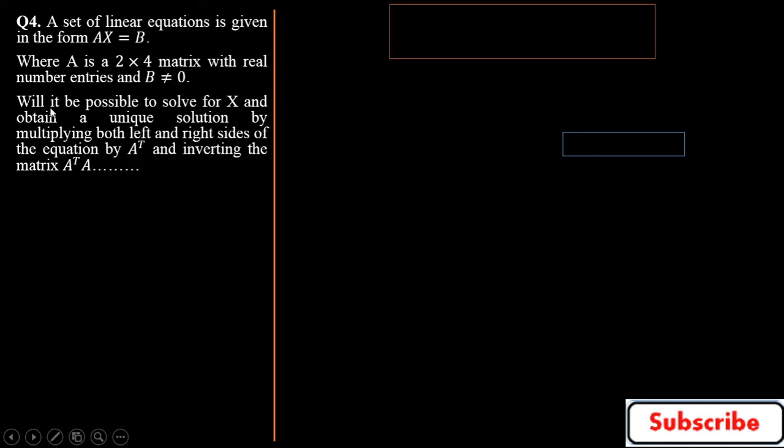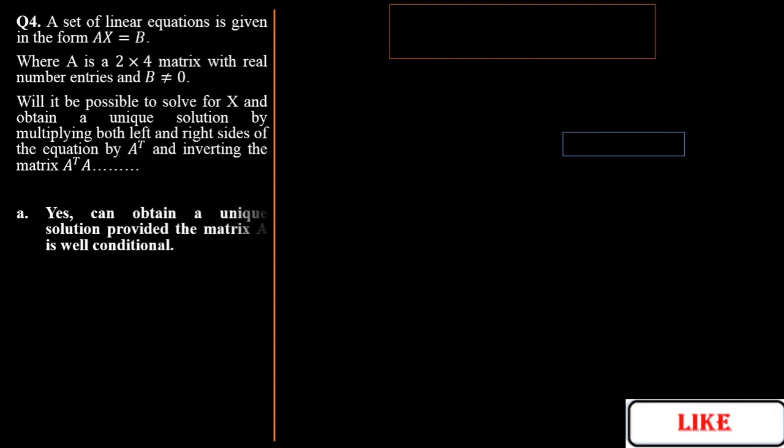So the question is, will it be possible to solve for x and obtain a unique solution by multiplying both left and right sides of the equation by A transpose and inverting the matrix A transpose A? Your options are: yes, can obtain a unique solution provided the matrix A is well conditioned.